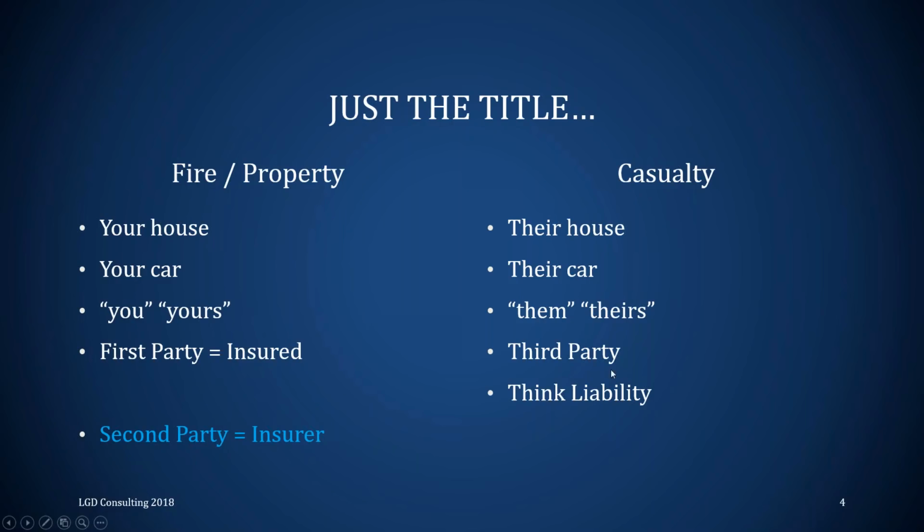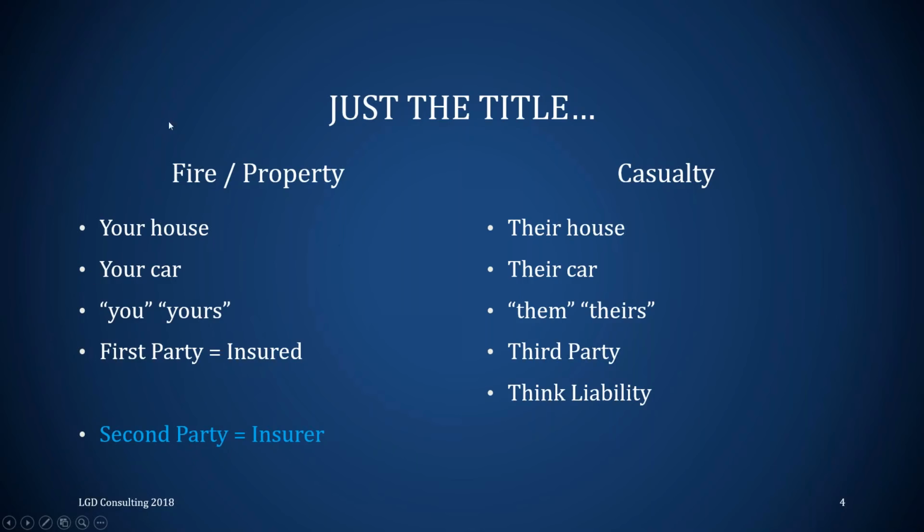Anyone other than you two is a third party. And when you hear casualty, liability makes up the biggest area of casualty coverage. Liability protection: anytime you see L for liability, think L for lawsuit. You injure someone else, you damage someone else's property, and they're going to sue you to pay for the damages. That's what that's about.